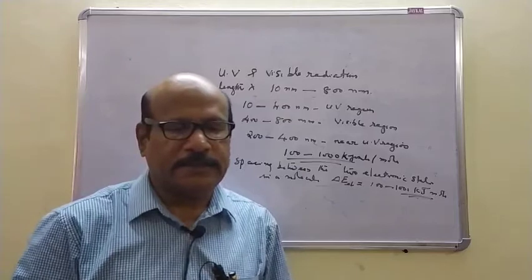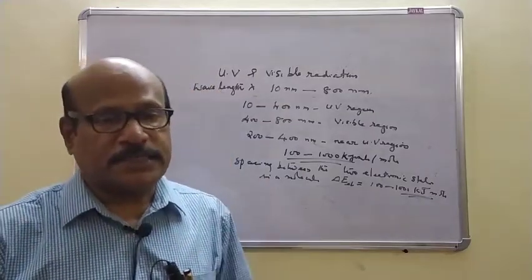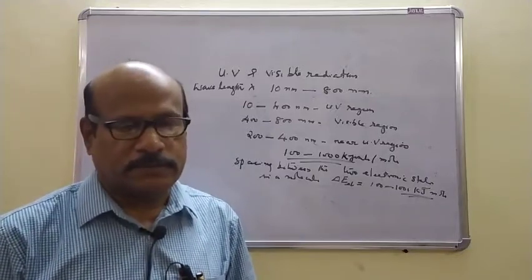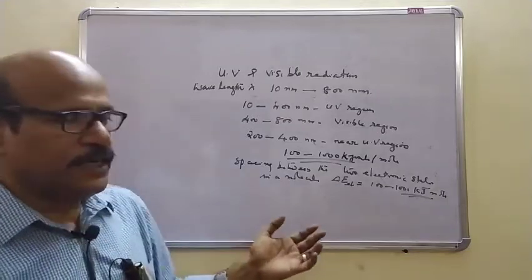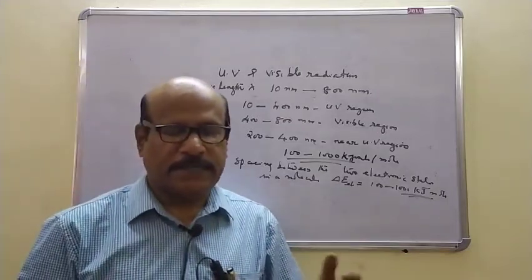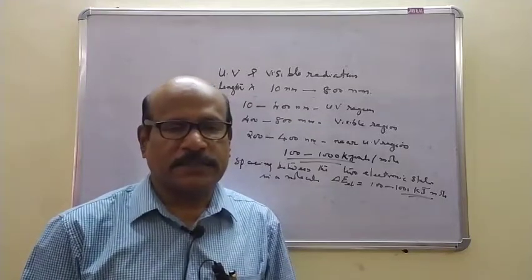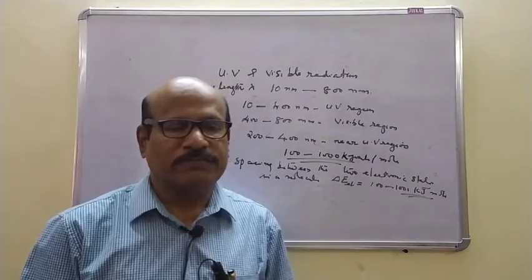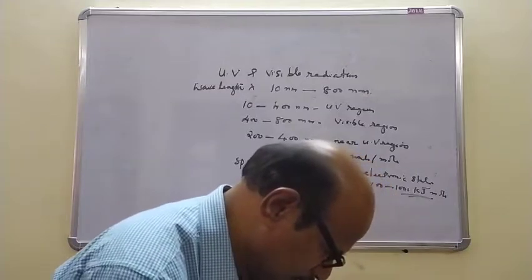Again, the electronic transition induced in any molecule by the absorption of UV and visible radiation, by exposing the molecular system to that radiation, is called electronic spectroscopy, or UV visible spectroscopy.